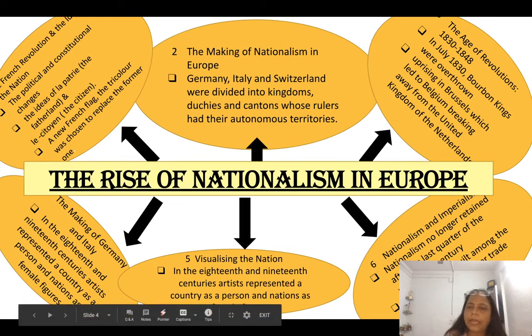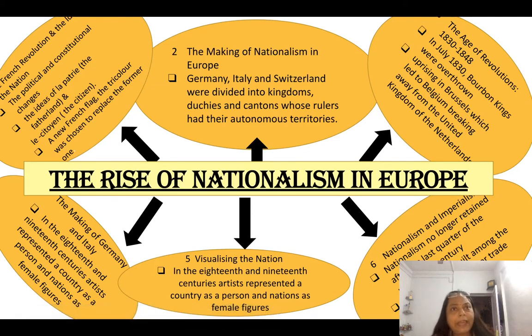Then nationalism and imperialism: how nationalism gave birth to imperialism, and how this imperialism led to the First World War. Nationalism no longer retained its earlier character after the last quarter of the 19th century. Why?